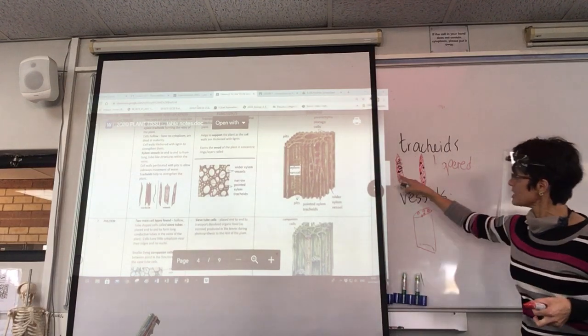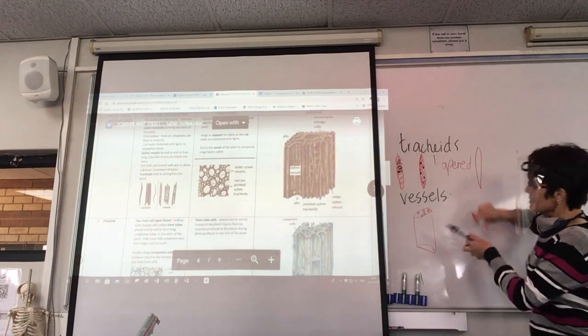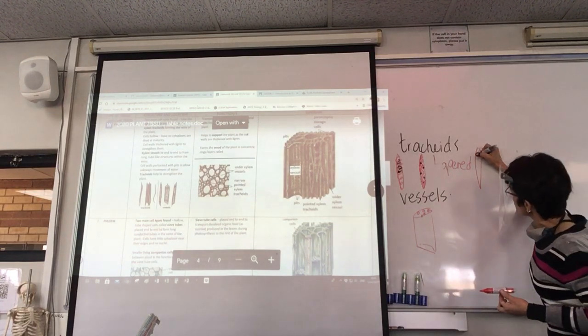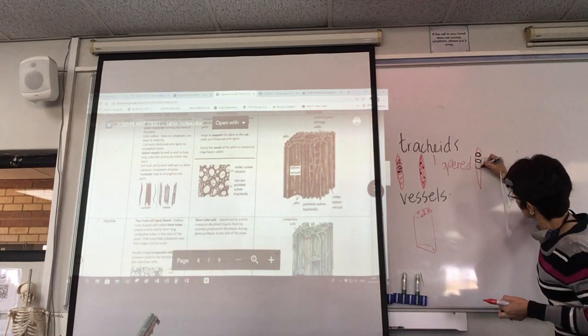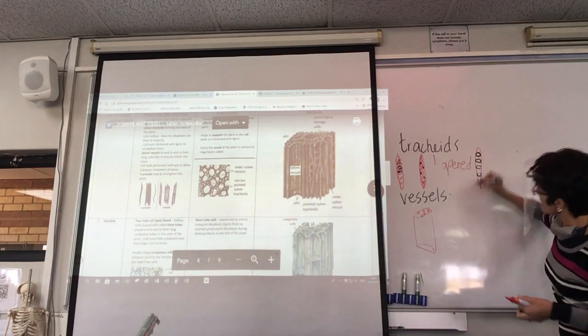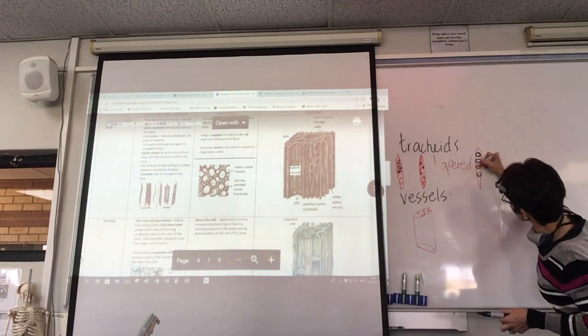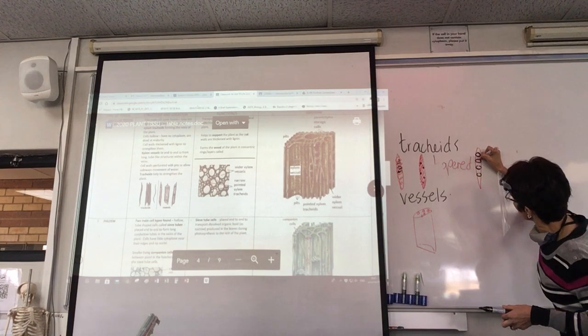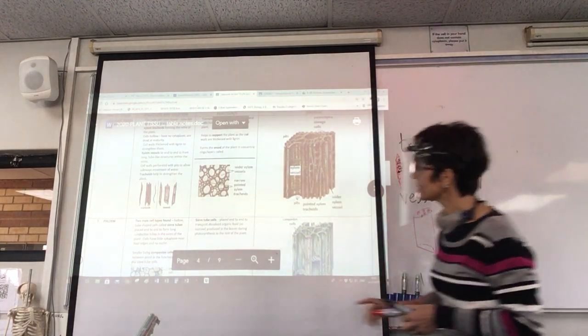So that's not going to be as strong as that one. Or they could have ones where they've got little rings. It's called annular, little rings. Imagine a ring. So maybe if I draw it like that. Rings of lignin, okay, with cellulose in between. So there's lots of different patterns.